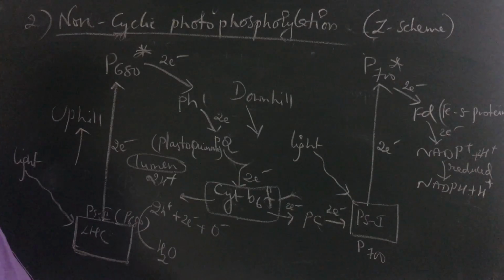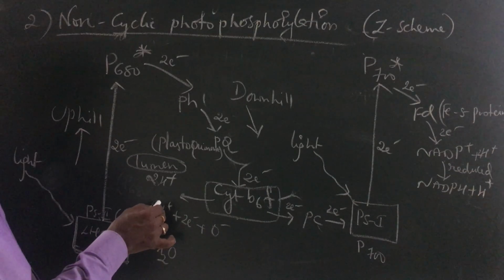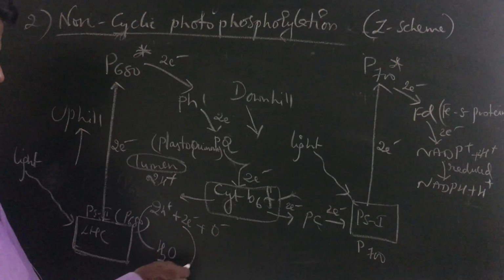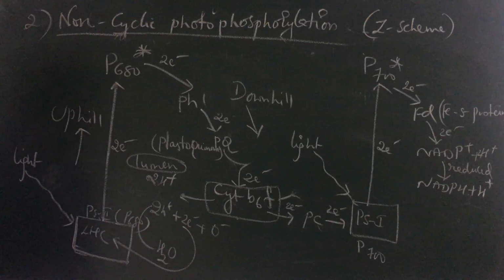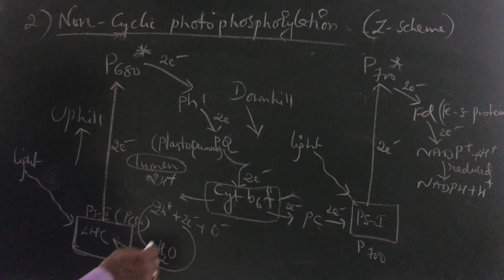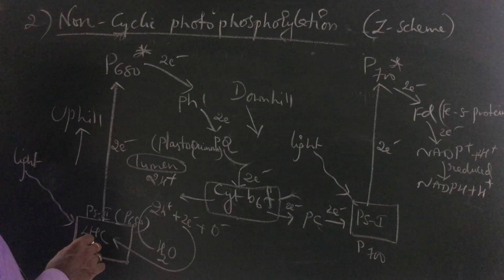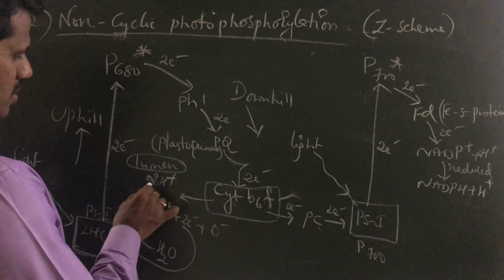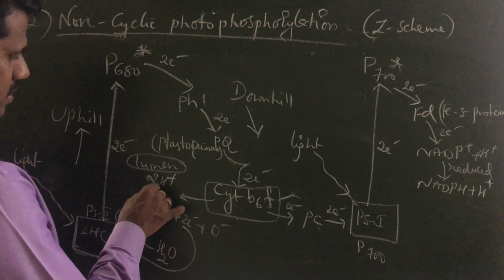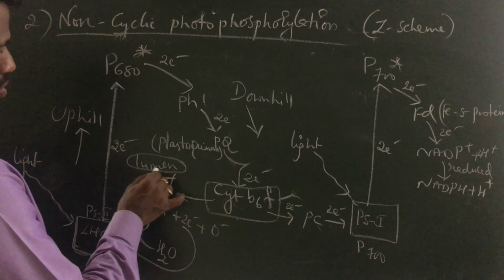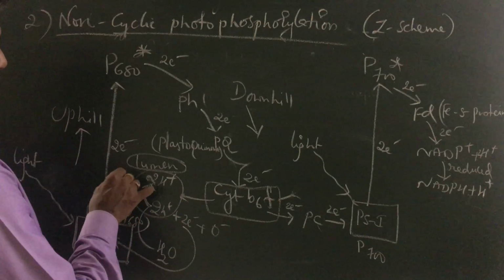So these 2 protons add, and the 2 electrons will go to chlorophyll A. So water donates 2 electrons which were lost by the photosystem 2, and 2 protons will be present in the lumen. So it will add, totally, 4 protons.